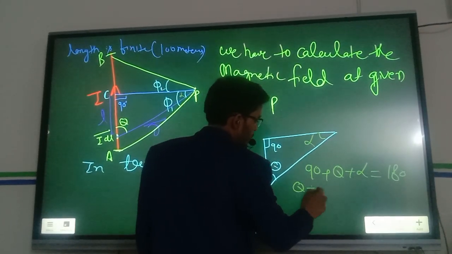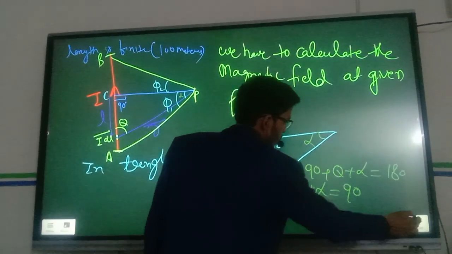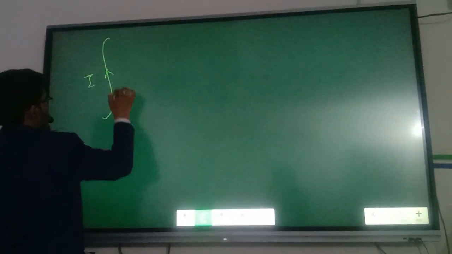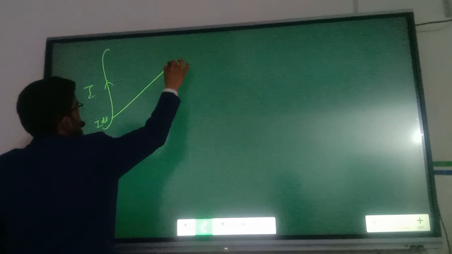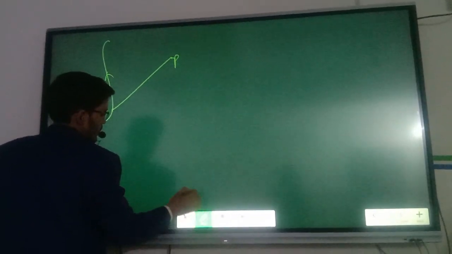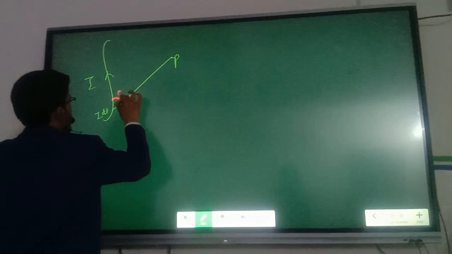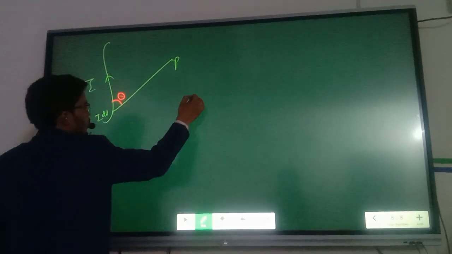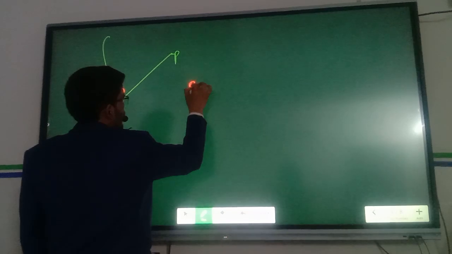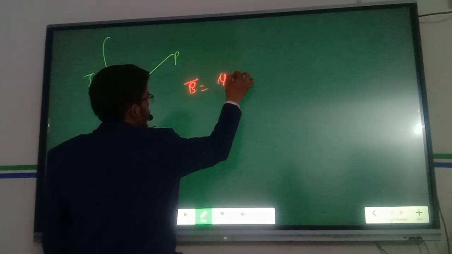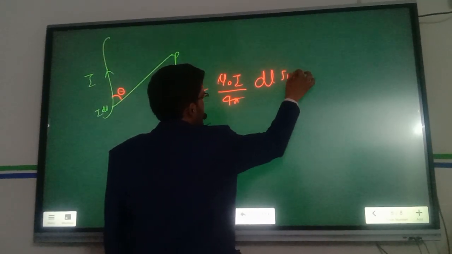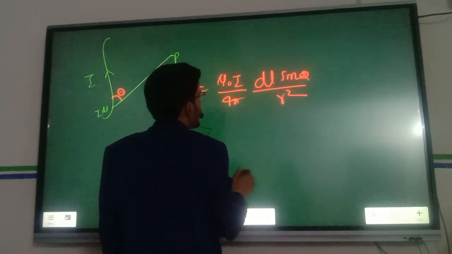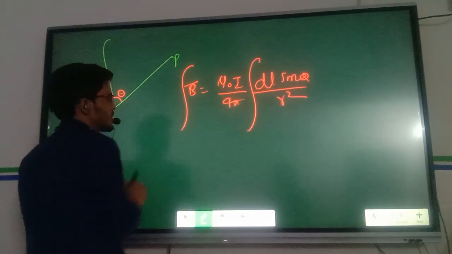So here theta plus alpha equals 90. Now this is current I and this is IdL, and this is point P. This is angle theta. So the value of magnetic field is B equals mu naught I upon 4 pi dL sin theta upon R square. So we integrate this.